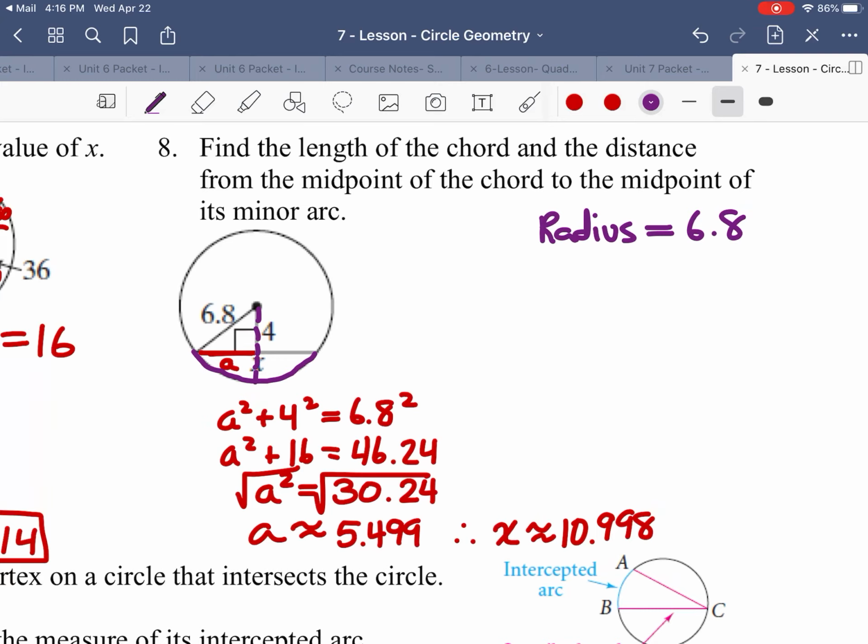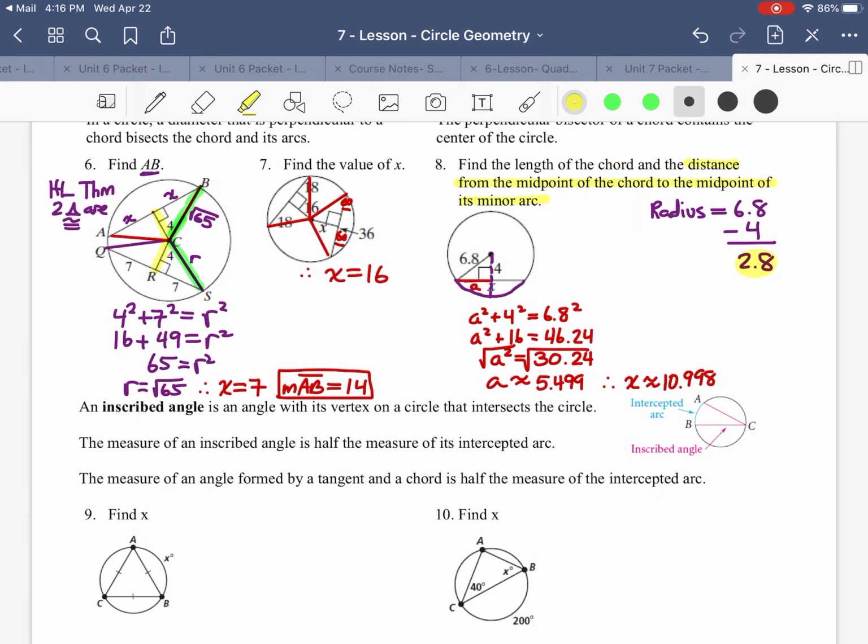So that's this whole distance here. I'll use a dashed line. And we already know that we've traveled 4 units. So we're at 2.8. That's the distance from the midpoint of the chord to the midpoint of the minor arc. I'm just going to use a highlighter because that's going to be a lot to write out. All of that is going to be this.